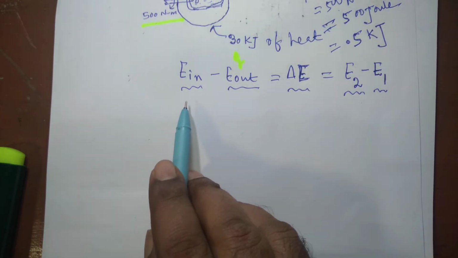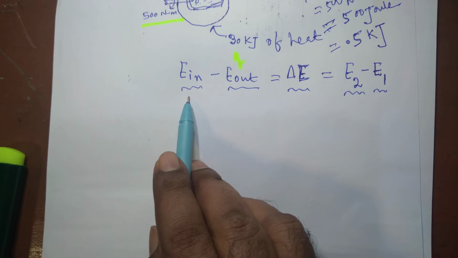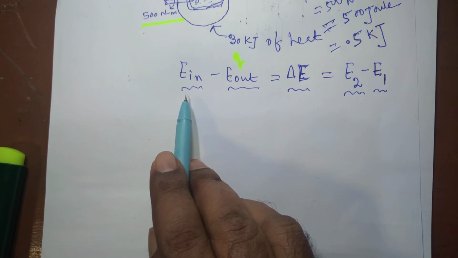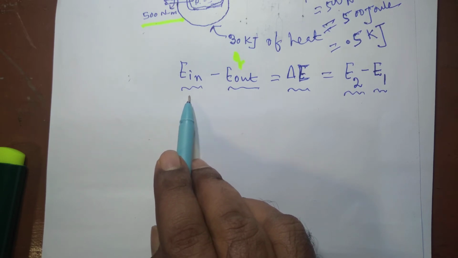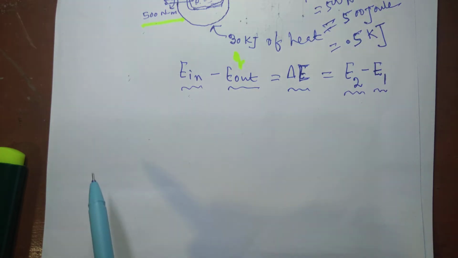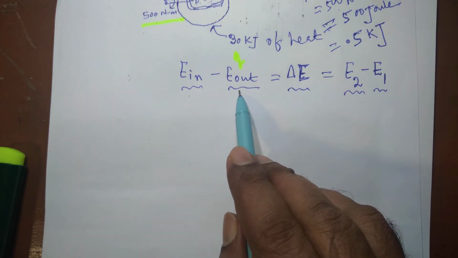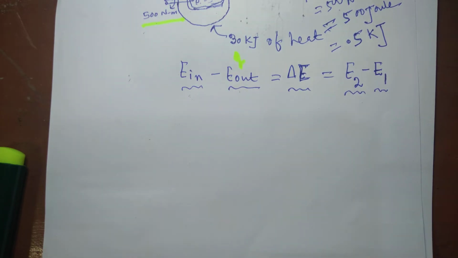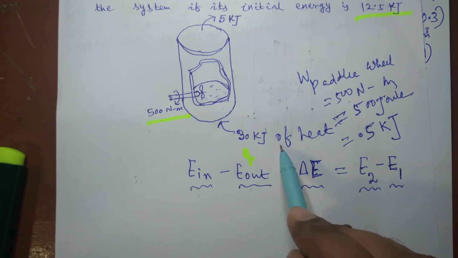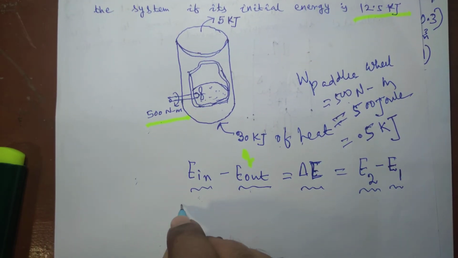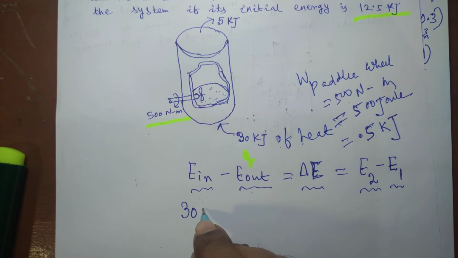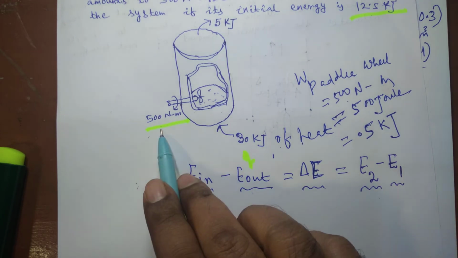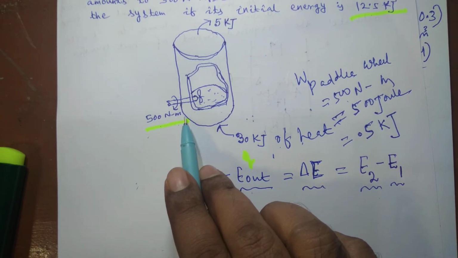So E in is the summation of all the energy interactions, the summation of all energy that enters into water, and the summation of E out is the summation of energy that leaves the system or leaves water. So E in is your 30 kilojoule of heat, but this paddle wheel work is an energy input to the system.